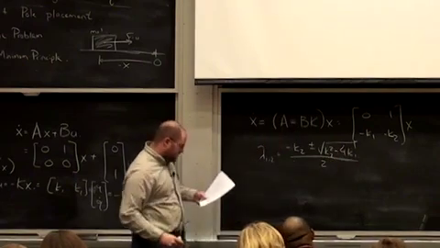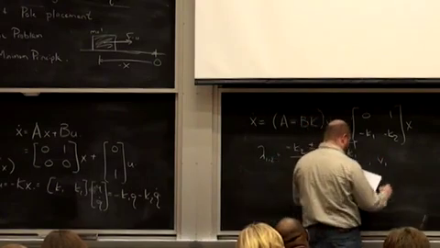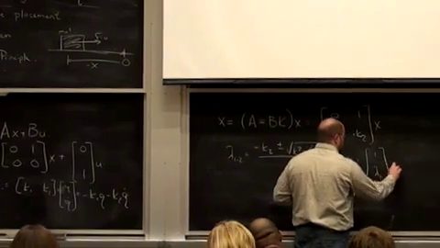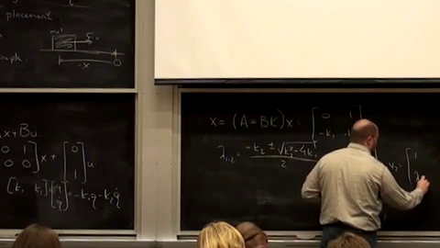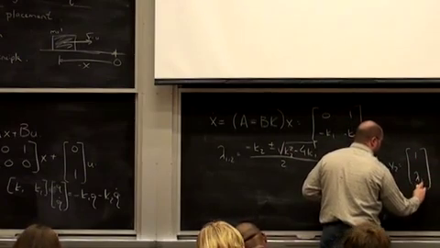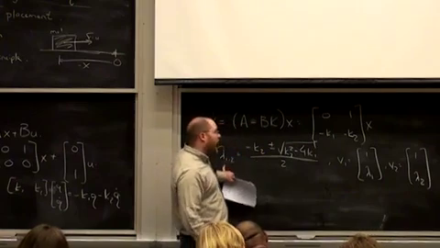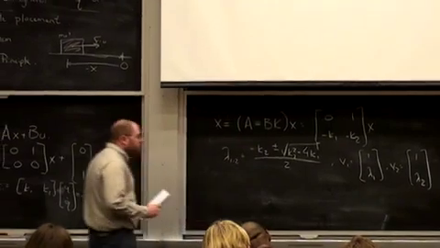Okay, with eigenvectors v1 is this, v2 is this. Okay, that's just the eigenvalues and eigenvectors of this matrix. Okay?